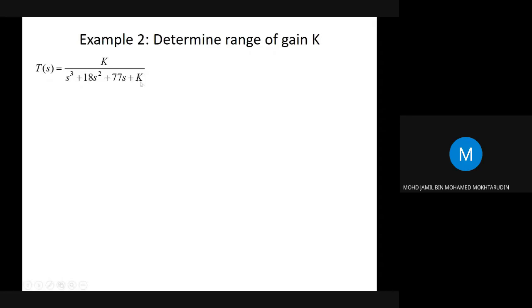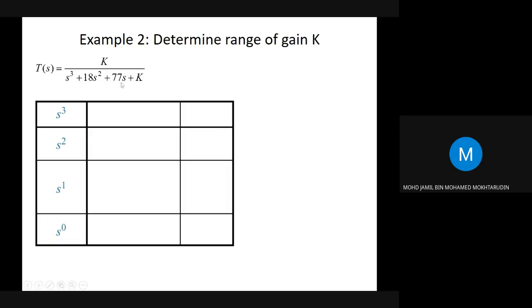Okay, so let's say you are given a closed loop transfer function as shown here. So the first step you need to do is to arrange the denominator to generate the Routh table. So 1, 18, 77, and K. Okay, just fill in with the coefficients. And then determine the subsequent row.